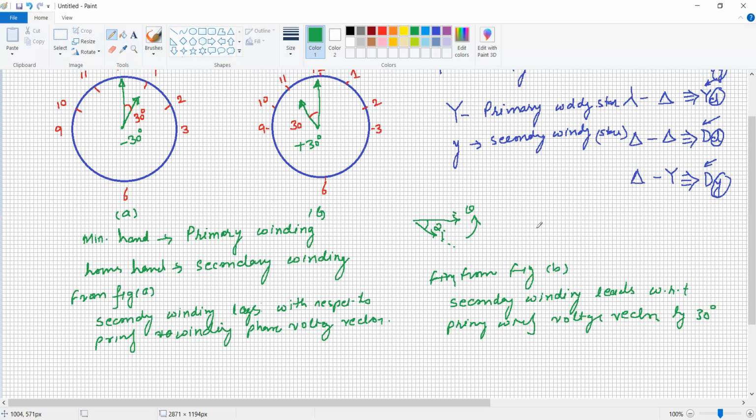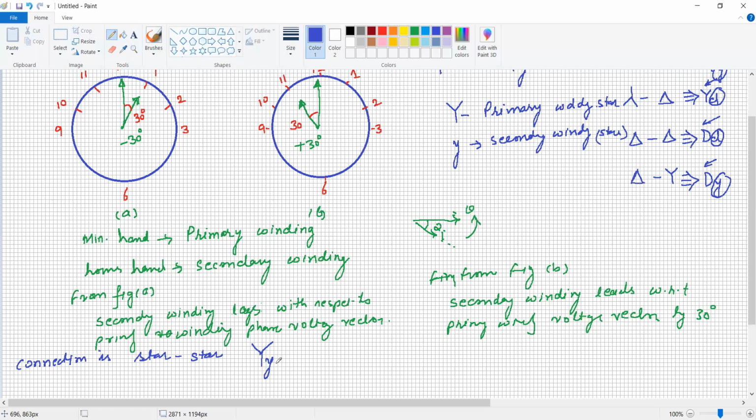So if a connection, say it is a star-star connection. We can represent star-star connection as primary winding is star connected, so capital letter Y. Secondary winding also connected in the star connection, so it is a small y connection.